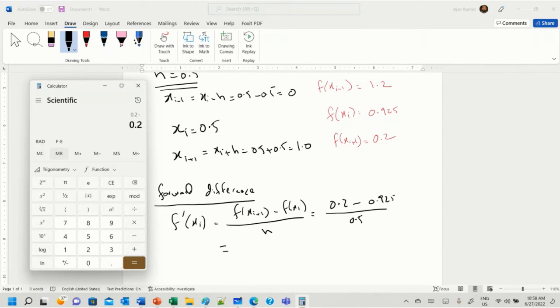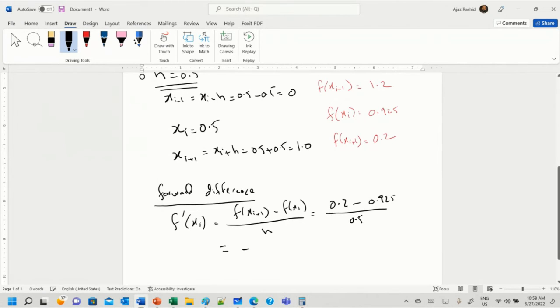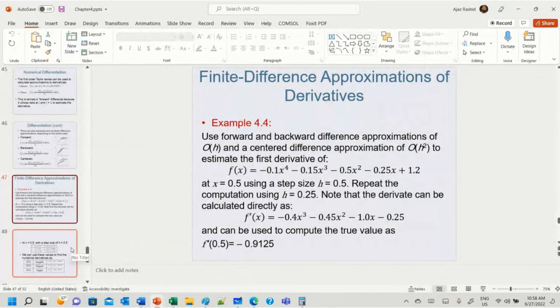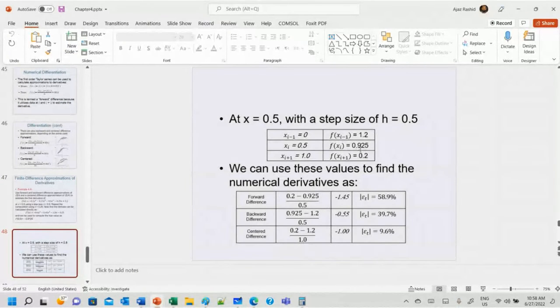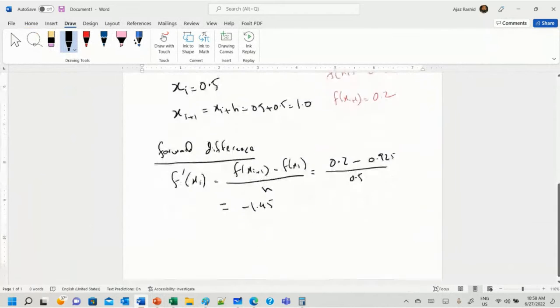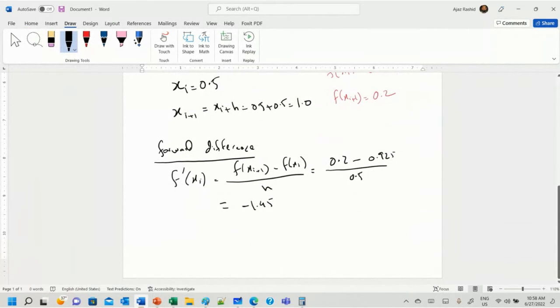So 0.2 minus 0.925 gives minus 1.45. Let me just verify that the number that I found is right or not right. Okay, it's right. Good to check instead of making the problem later.